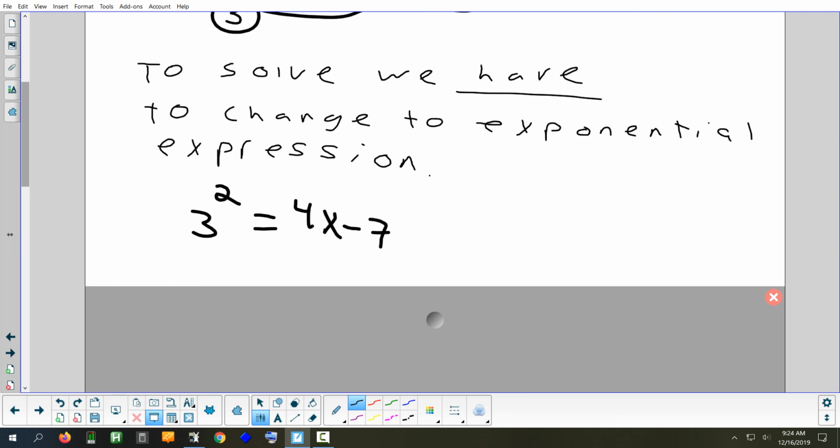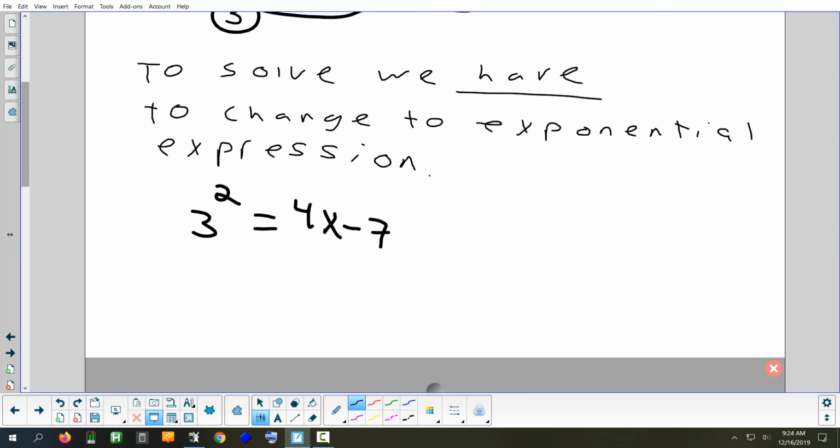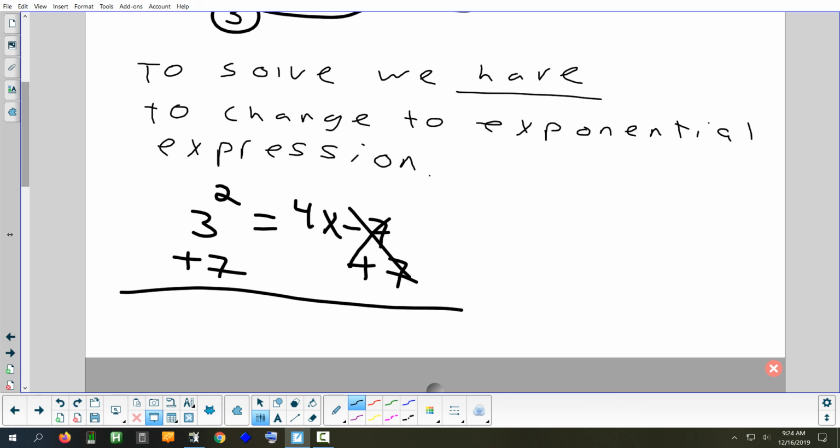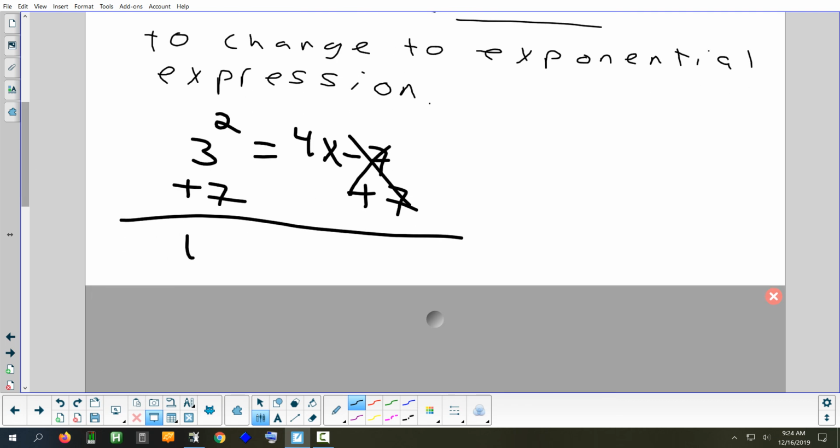Get x by itself. What's the first thing you do there to get x by itself? We can add 7. Now we should do two things at once. What's 3 squared? 9 plus 7? 16. The other thing I was thinking to do first was just to simplify the exponent, but if you don't, just do it all in one step.